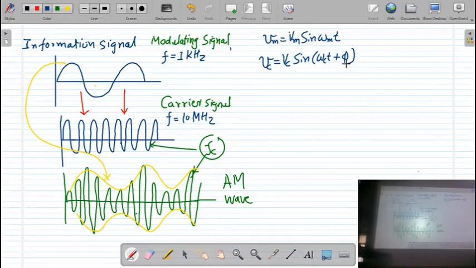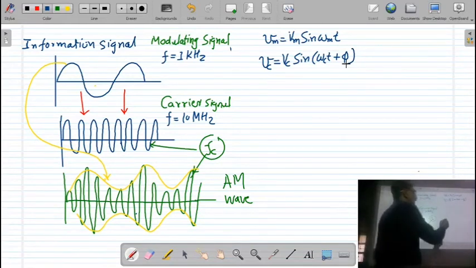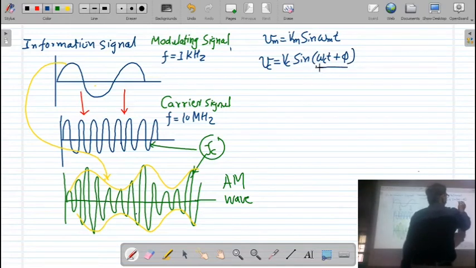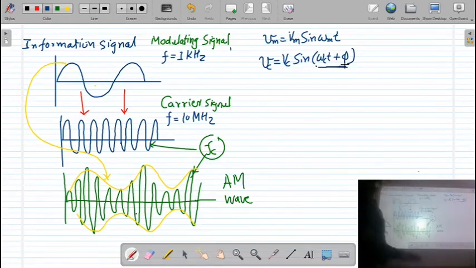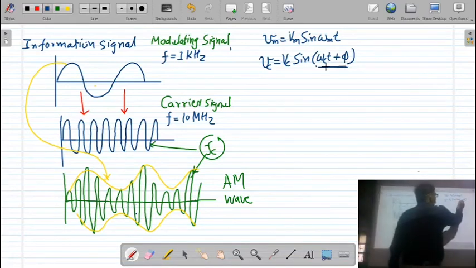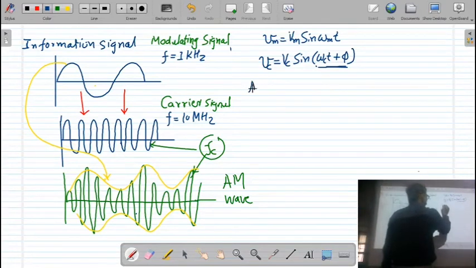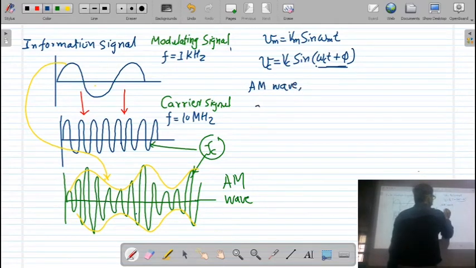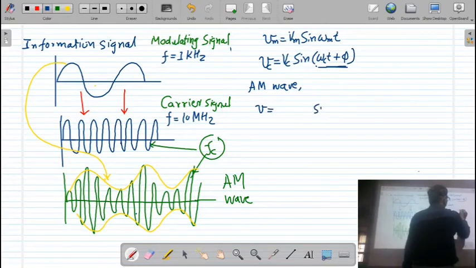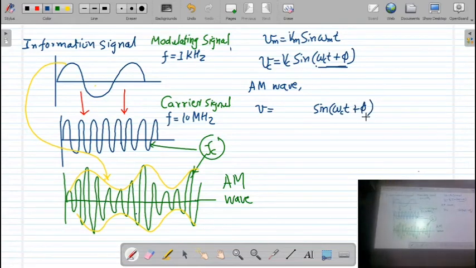Now remember that during amplitude modulation, the frequency as well as the phase is going to remain constant. It means in the mathematical expression of the amplitude modulated wave, this part is not going to change. So we can describe the AM wave in this manner: V is equal to, sine omega ct plus phi, because both these parameters remain constant.